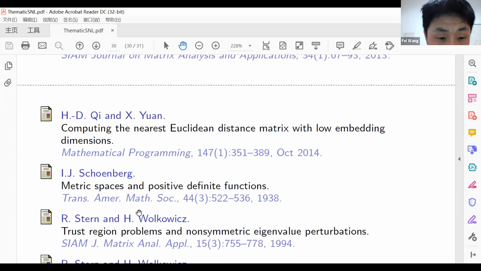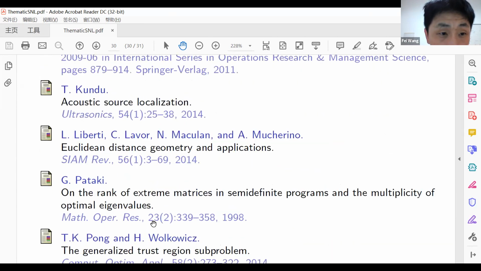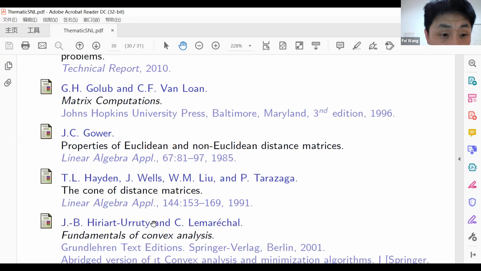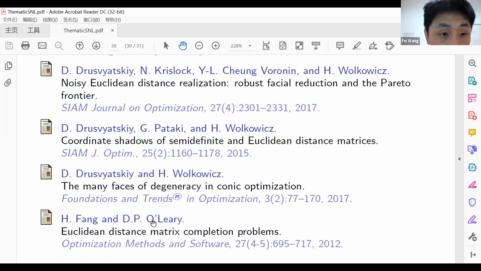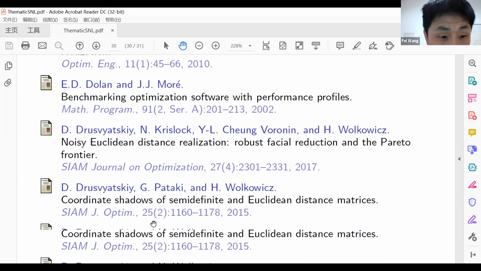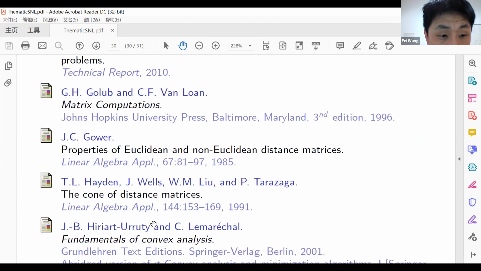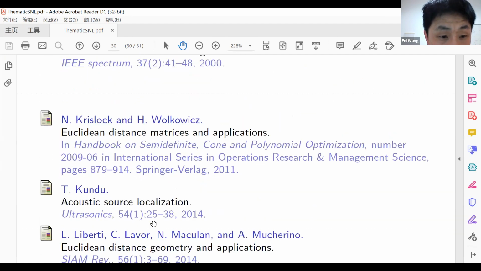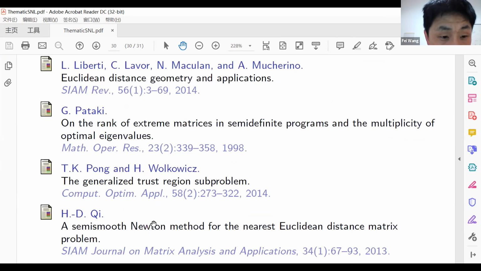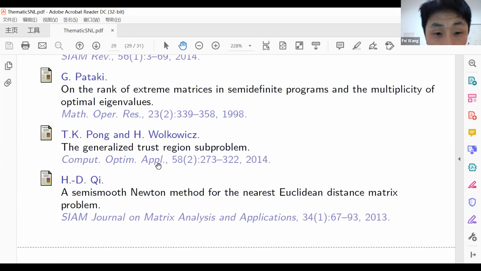And here is the trust region subproblem paper by Henry and Pinky.